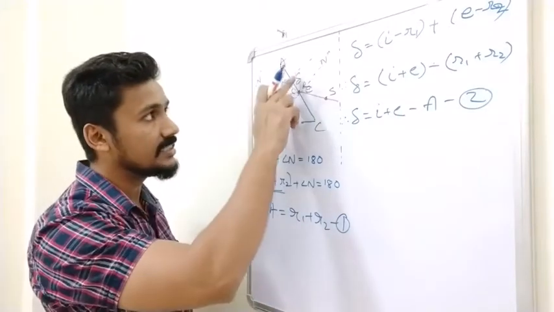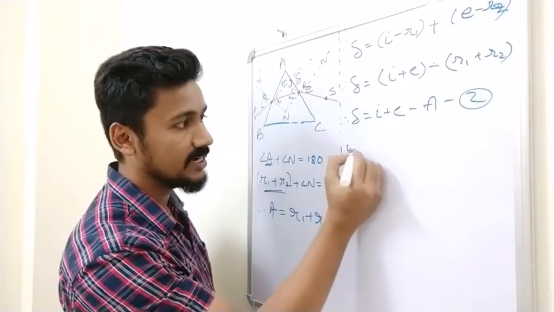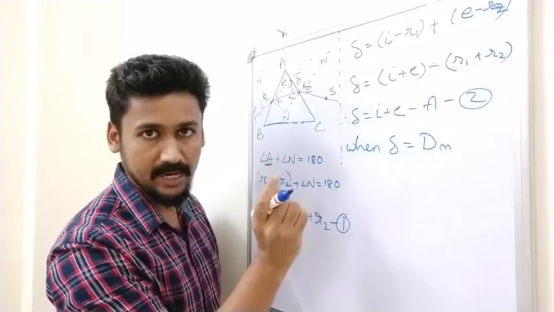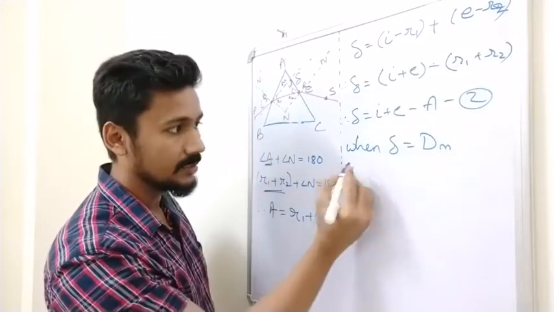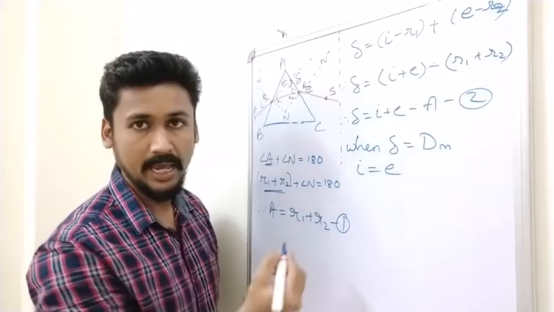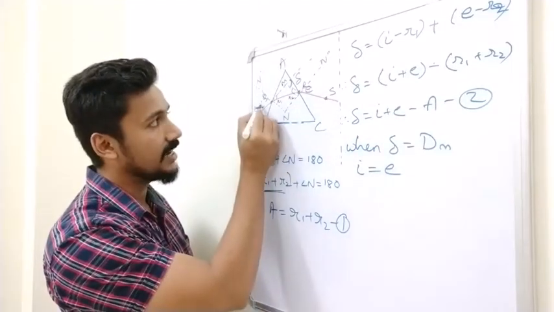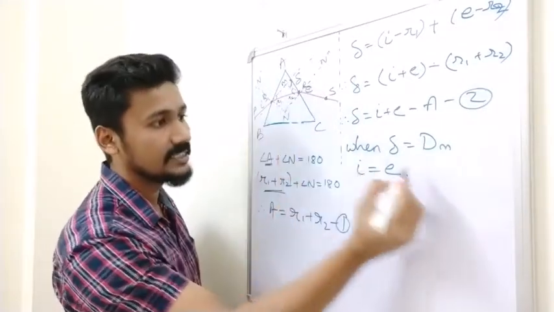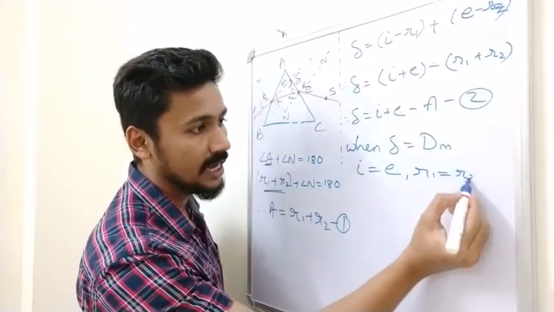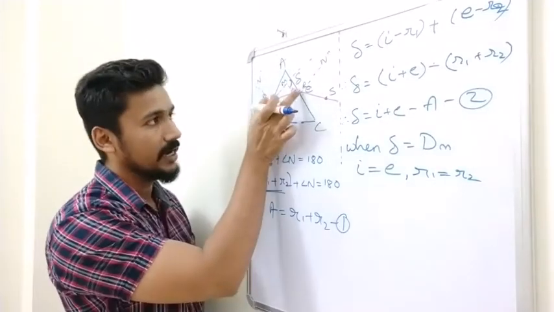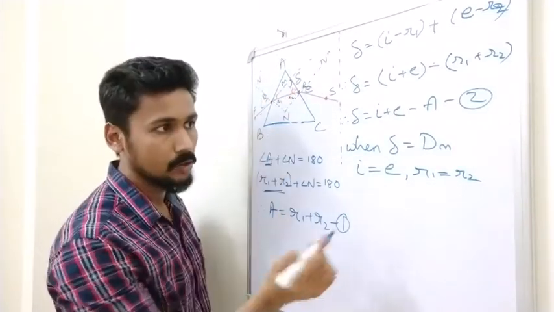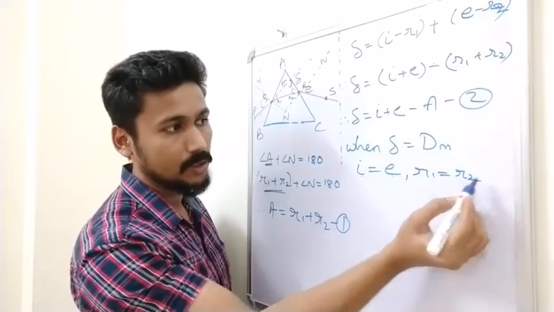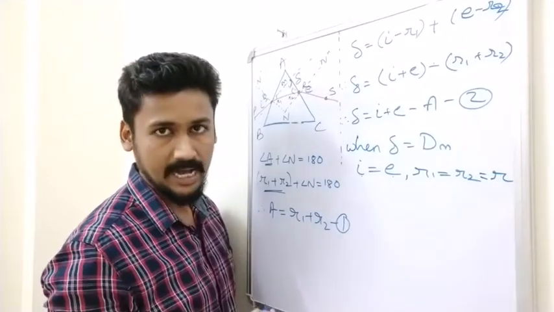When delta is equal to dm, the minimum angle of deviation, this will happen when the angle of incidence is equal to the angle of emergence. So I should also be equal to E. And when this happens, R1 will be equal to R2. So basically this ray QR becomes parallel to the base BC. So when delta is equal to dm, I is equal to E, and R1 is equal to R2, which we can say is equal to some R.